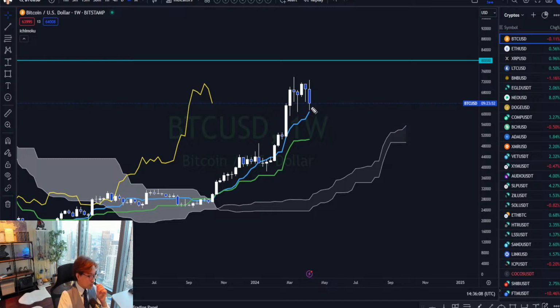So basically this one is really not bearish yet. Last week was bearish, but we can still see that the Senko span is up. Kijun Sen is slightly up now, and the Tenkan Sen is up above the Kijun Sen, and the Chikou span is way above the candlestick.